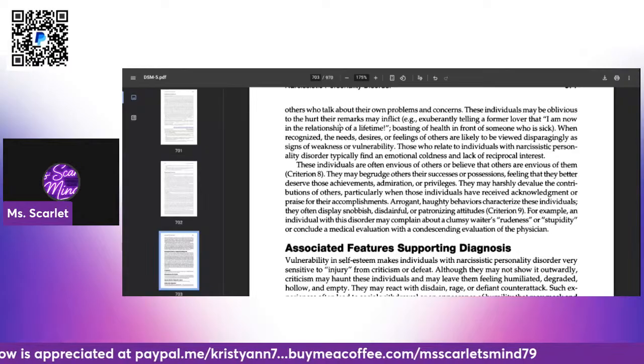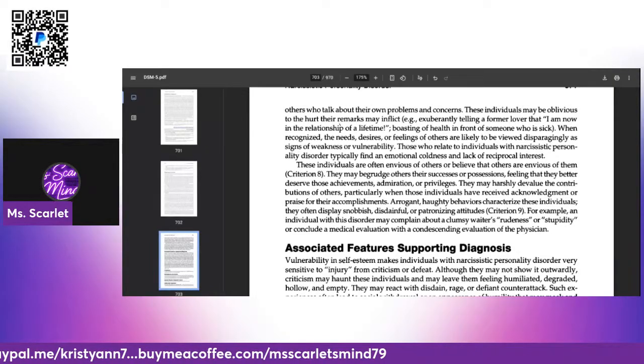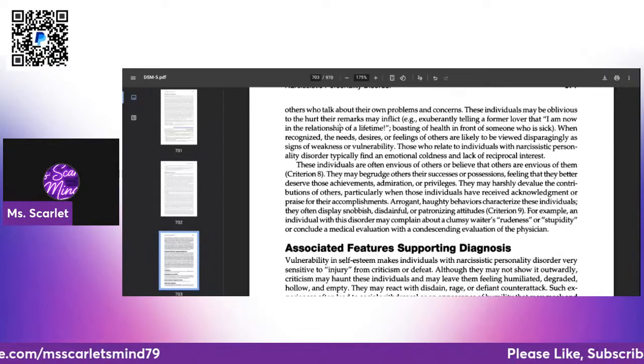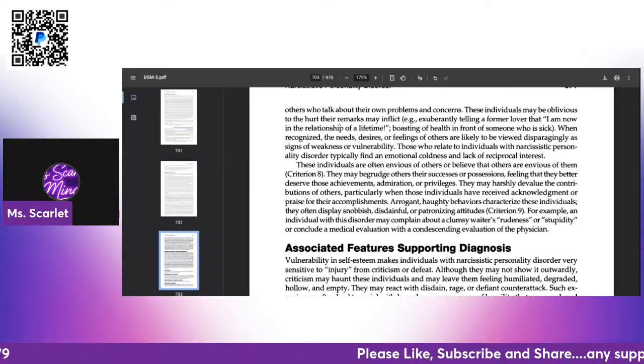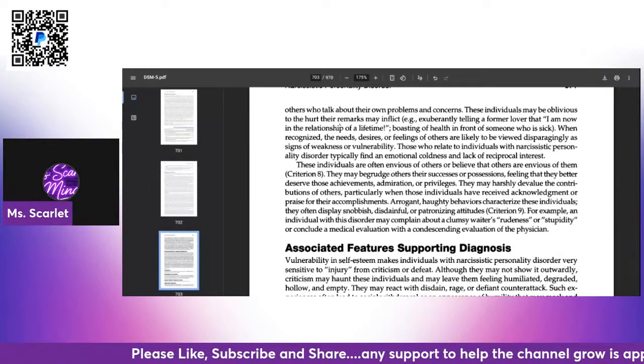Had that happen. When recognized, the needs, desires, or feelings of others are likely to be viewed despairingly as signs of weakness or vulnerability. Those who relate to individuals with narcissistic personality disorder typically find an emotional coldness and lack of reciprocal interest.